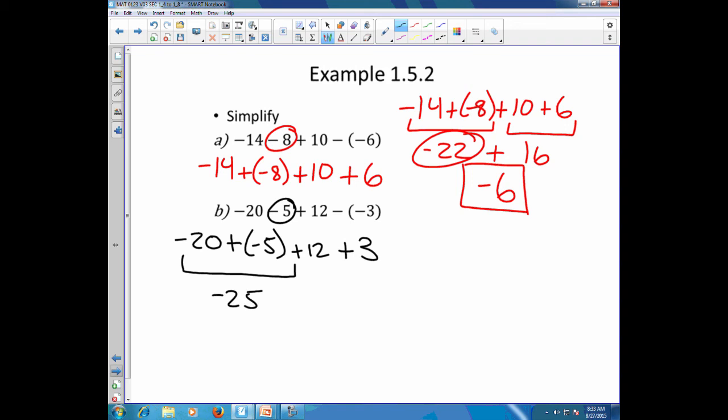And we keep the sign. 12 plus 3 is 15. And negative 25 plus 15, they have opposite signs, so we subtract the numbers. 25 minus 15 is 10. And we keep the sign of the one with the biggest absolute value. And so the answer is negative 10.